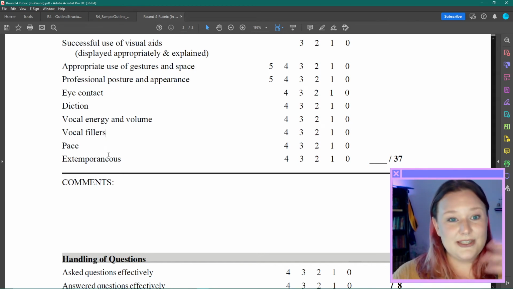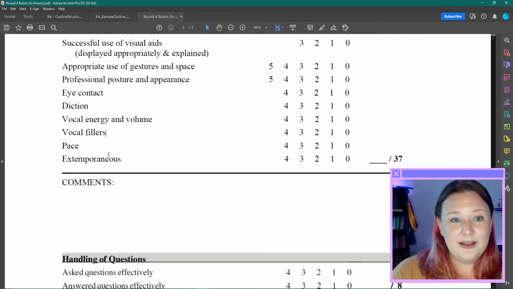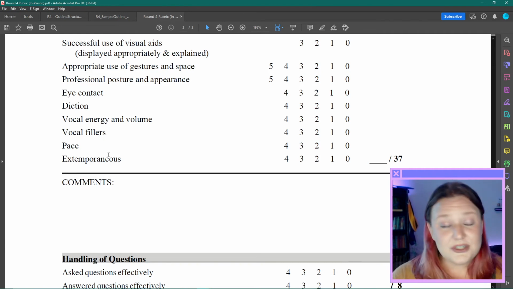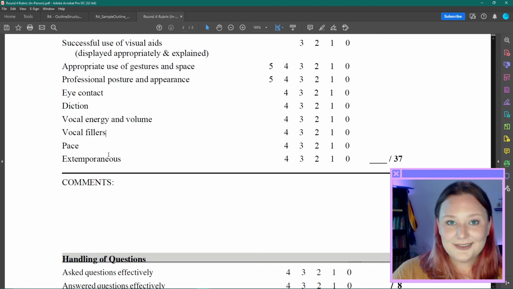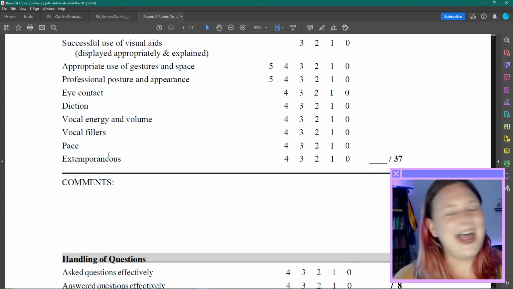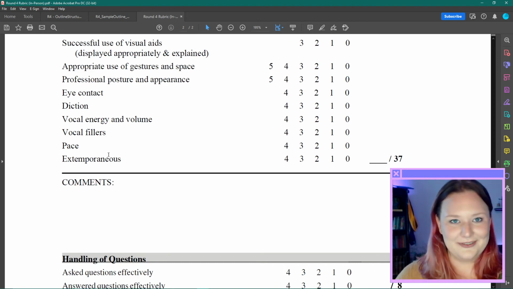When you "um" and "uh" a lot, sometimes people will assume you don't know what you're talking about. That's no good. We're trying to persuade people, so we have to come across as authoritative.